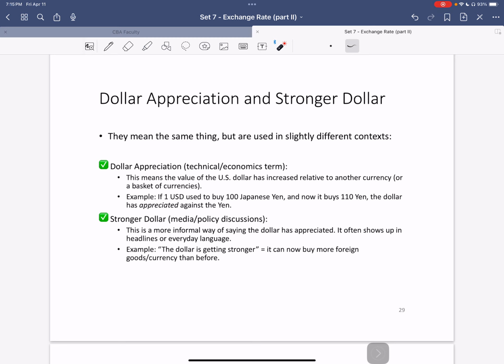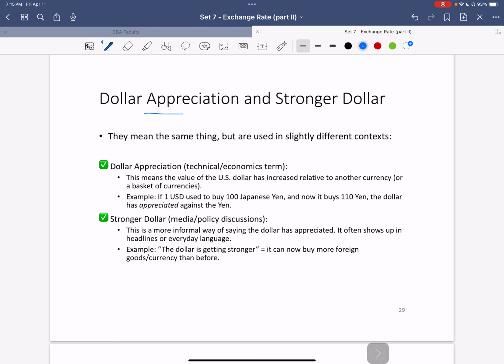It often shows up in headlines or everyday language, like the dollar is getting stronger. It can now buy more foreign goods or foreign currency than before. Both of them have the same meaning. We can say the same about depreciation and getting weaker.